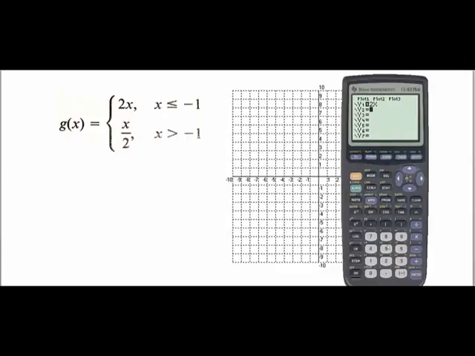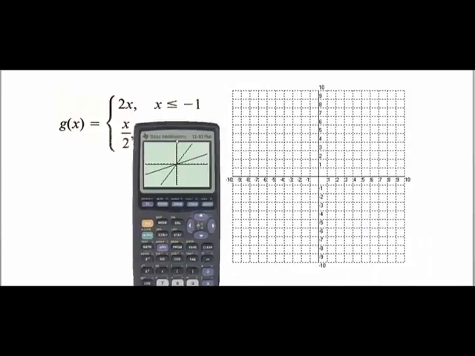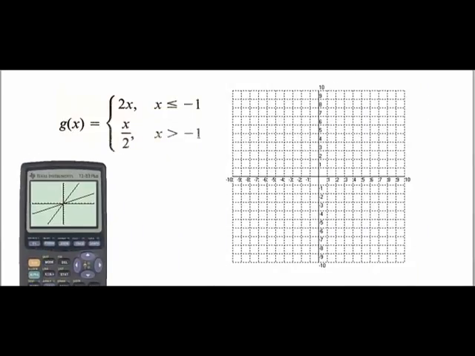After that spot, we're going to have x divided by 2, and this line will exist after it. Because that's kind of far away, I'm going to move it over here too, so we can see it as we freeze the screen.